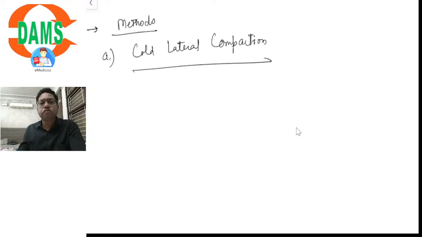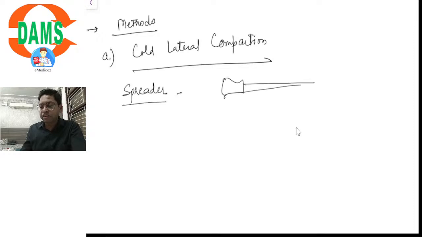As the name indicates, in cold lateral compaction of the gutta percha, we would not use any form of heat inside the root canal. The instrument that is used is a spreader. Spreader is a smooth and tapered instrument with a pointed tip. A smooth and tapered instrument with a pointed tip is known as a spreader, root canal spreader.